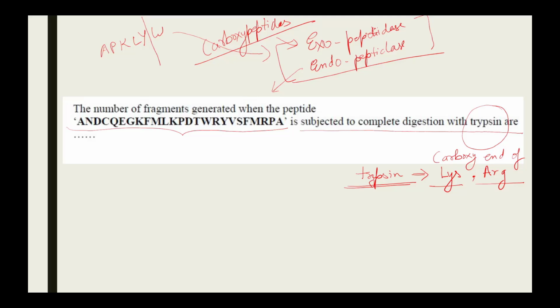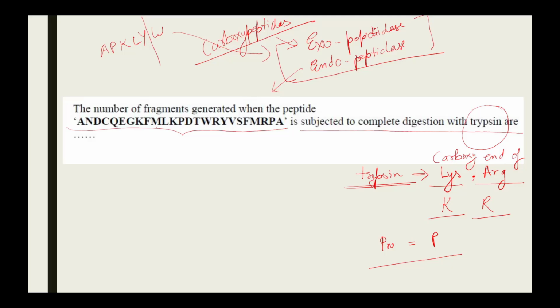For lysine, the one letter code is K. For arginine, it is R. For proline, it's P. So there are different amino acids, and you should know the one letter code for them.